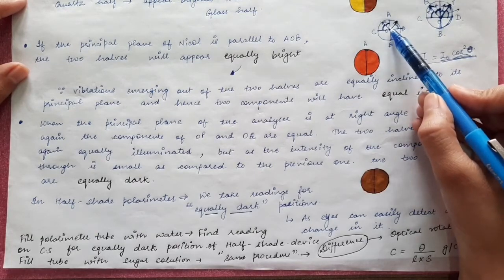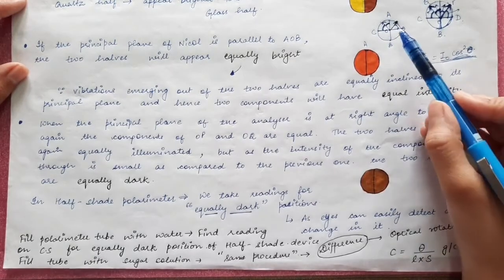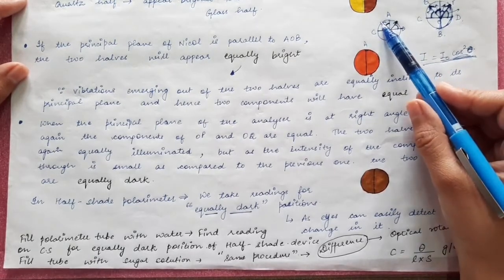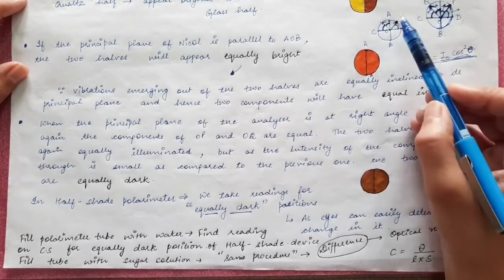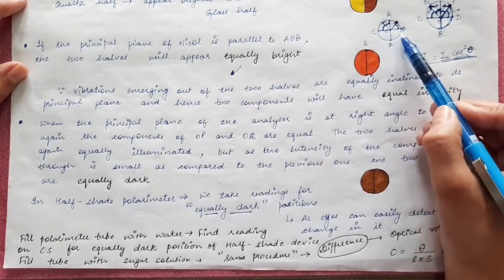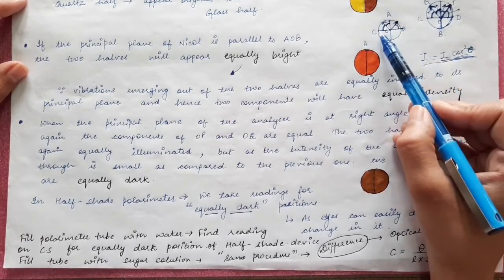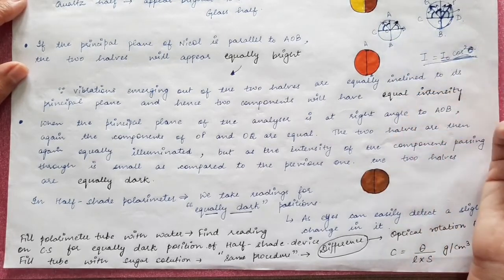When the principal section is parallel to this other direction, then this half will appear brighter as compared to the other one. When the plane is parallel to AOB, both halves will appear equally bright, and when the principal section is parallel to COD, both halves will appear equally dark.